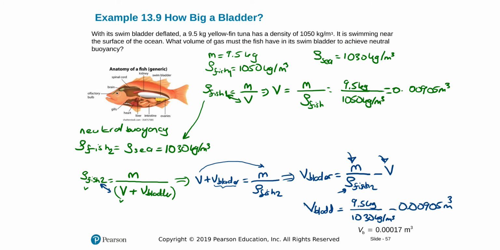And after you do this, you should find this given number here, which should be equal to 0.00017 meter cube. Not nothing, it is small, but that small change helps the fish to swim in the sea more comfortably. So it's important.